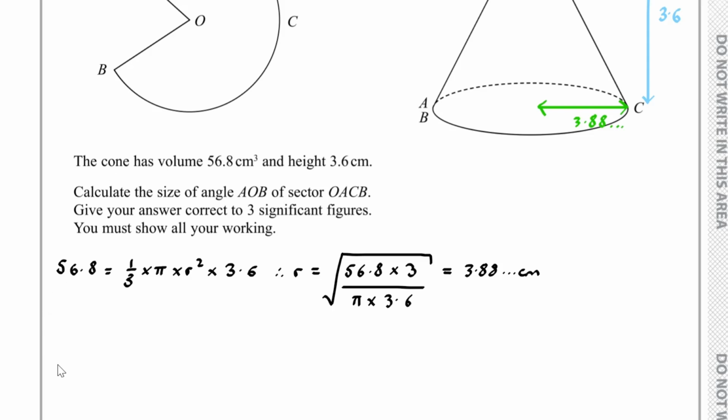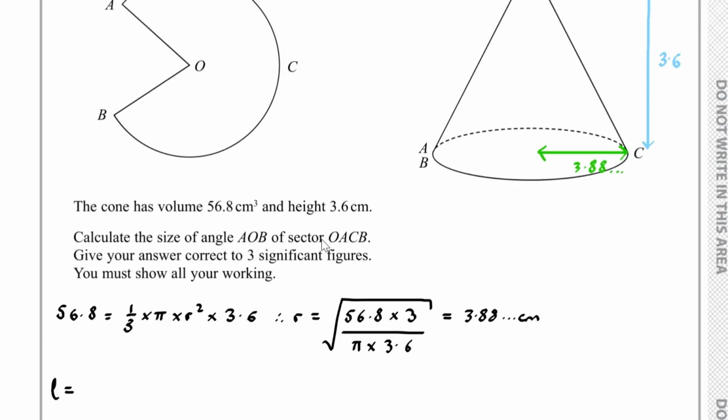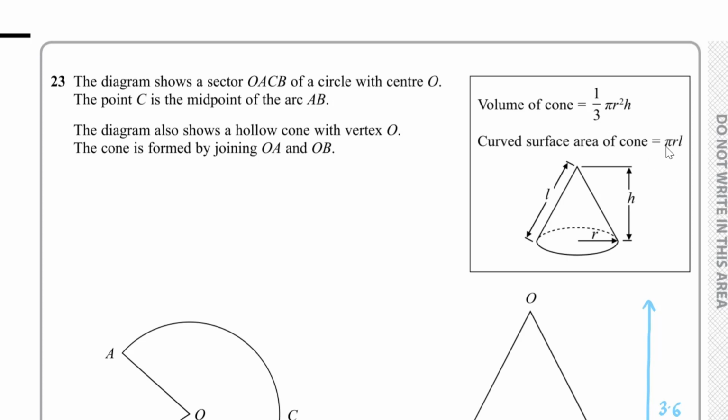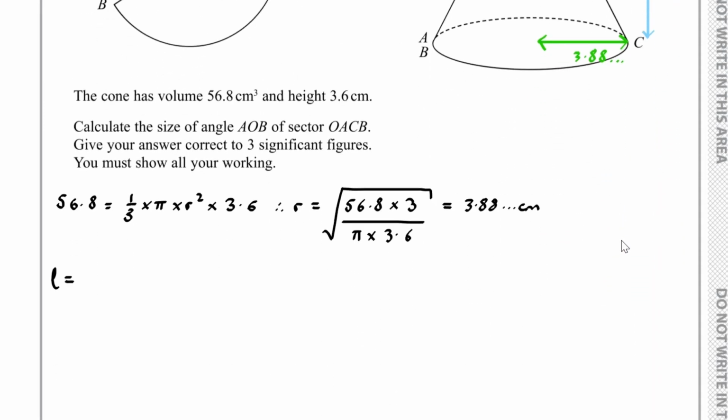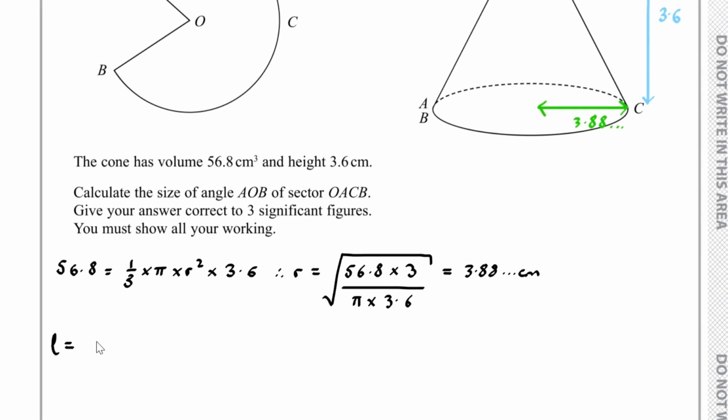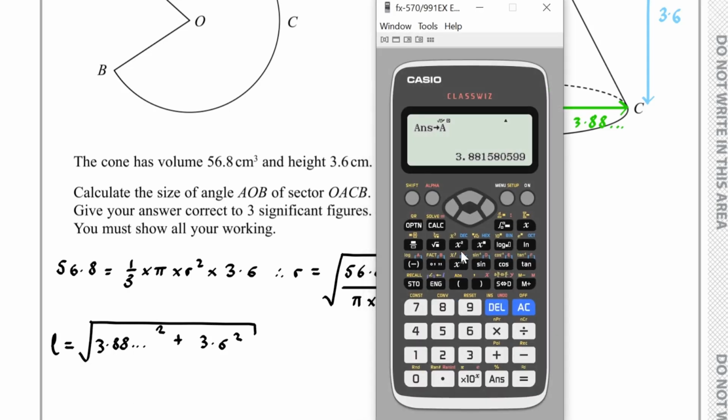So L is going to equal, through Pythagoras, 3.88, etc. squared plus 3.6 squared, square rooted. So I've got this squared plus 3.6 squared, and then square root this.